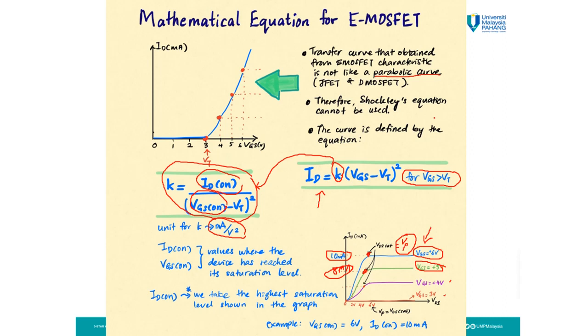Only the JFET and DMOSFET use the VP value. For the EMOSFET, we only use the threshold value. So this is the major difference between the EMOSFET and the JFET and also the DMOSFET.